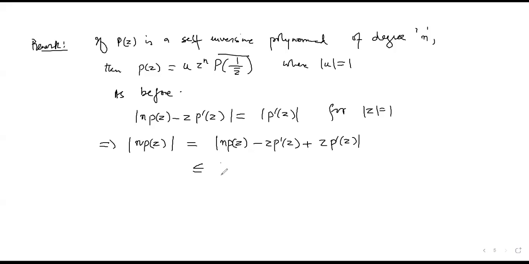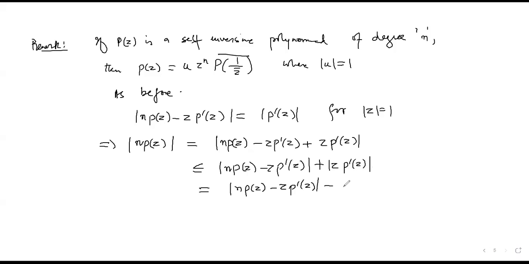So this would be less than or equal to n times p of z minus z times p dash z plus z into p dash z, which is equal to n times p of z minus z times p dash of z plus mod of p dash of z for mod z equal to 1, right?